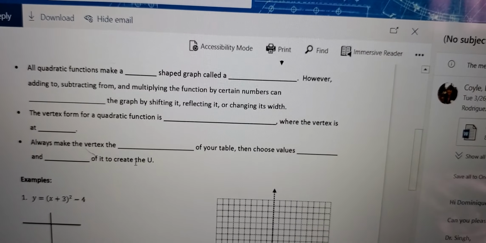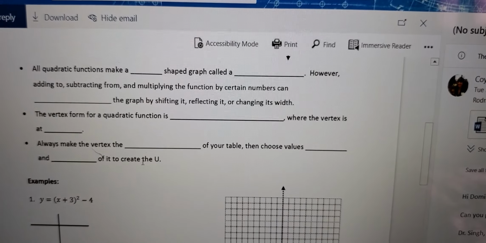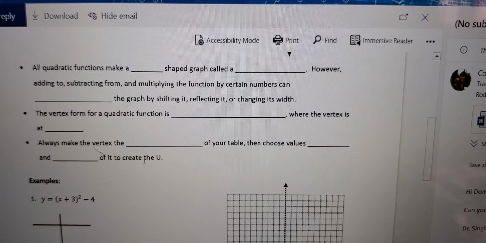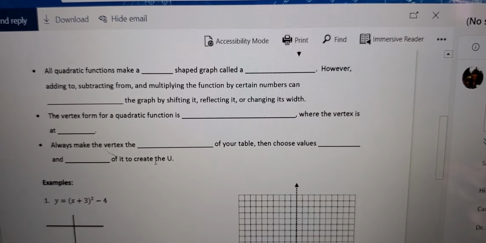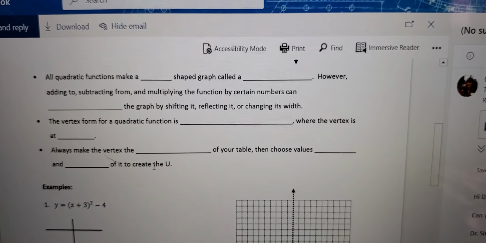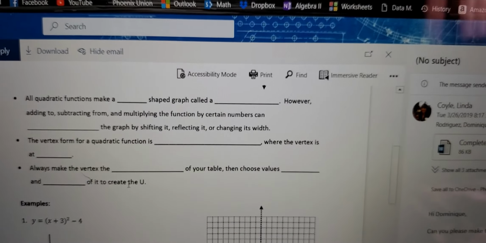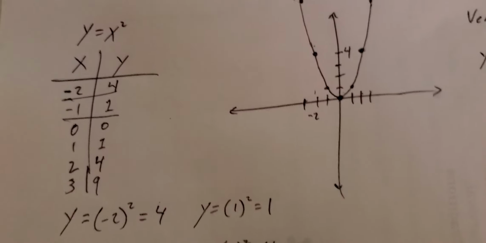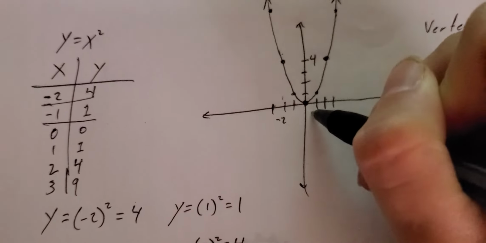Always make the vertex the origin of your table, then choose values on the right and left of it to create the U. Now, what is the vertex point? Let's go back to our graph. In my graph, my vertex point was this point here.